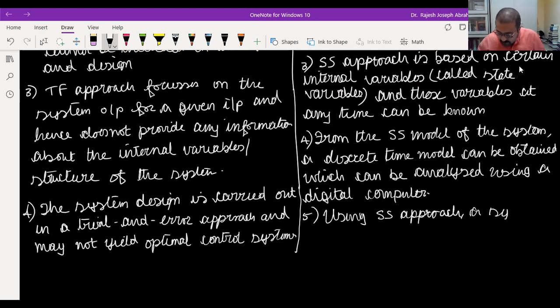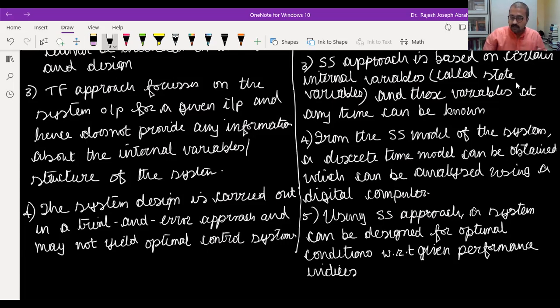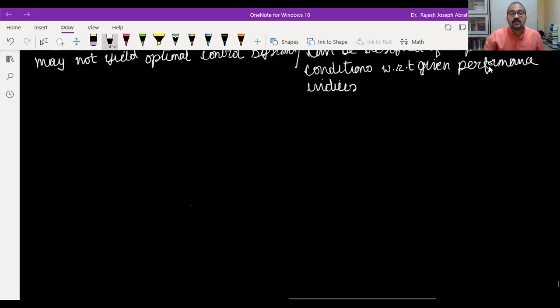A system can be designed for optimal conditions with respect to given performance indices. So when you want to design an optimal control system, it is better to have the system modeled in state space form.